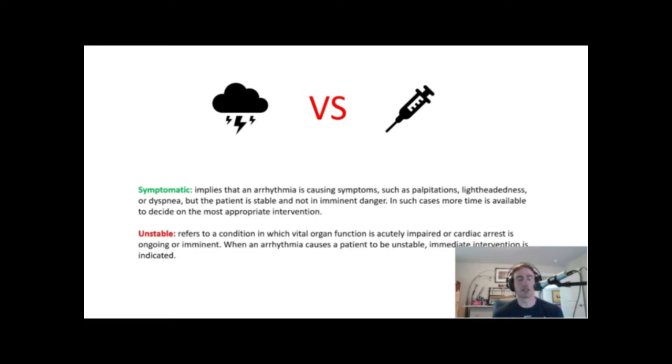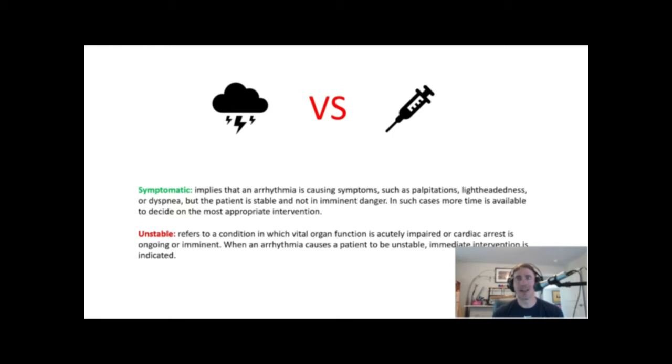Let's say that they're having a tachycardia, they're in VTach, maybe they're having palpitations, they're a little lightheaded, they're slightly short of breath, but they're stable physiologically. Their vital signs are stable, they're not actively crashing on you. There is time to decide on the most appropriate intervention or no intervention, which is a decision that you'll have to make. And deciding not to do something is, in a way, an intervention. It's the wait and see approach.